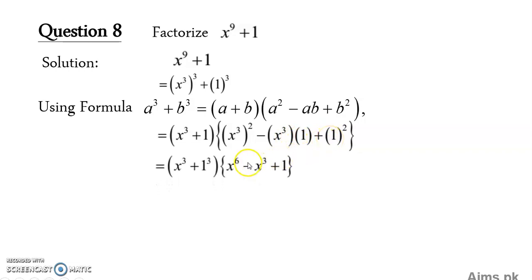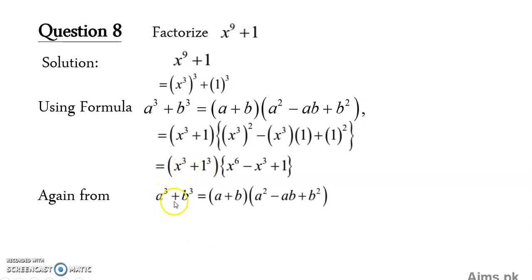In the next step, this will be written as it is. You can multiply 3 into 2, 6, minus x cube, plus 1 square is 1. Now in the next step, you can further factorize it because again it is in the form of sum of the cubes. Again we'll be using the sum of the cubes formula.